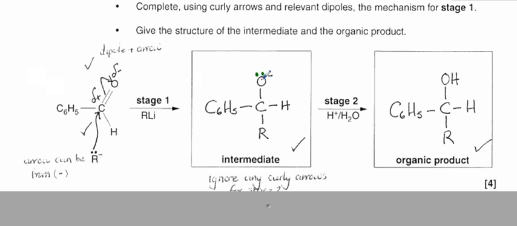There is now that pair of electrons if you show your lone pair, though it's not necessary. Finally, for your product, you've got the addition of H plus or H2O here, so you don't need to show the mechanism of that water, how it would join to the oxygen. You just need to show the organic product.